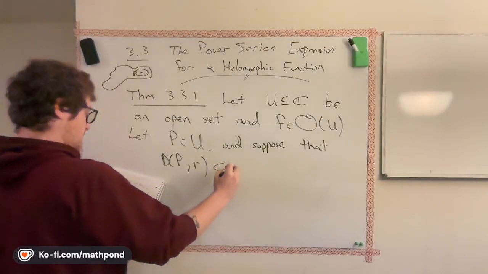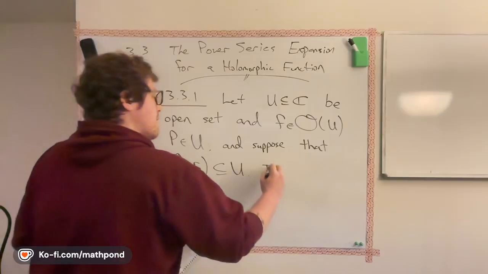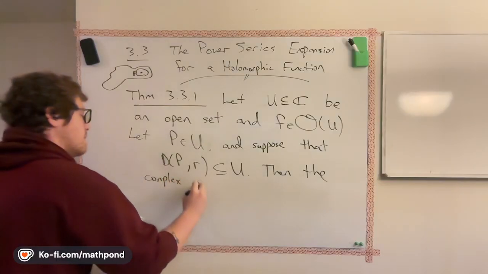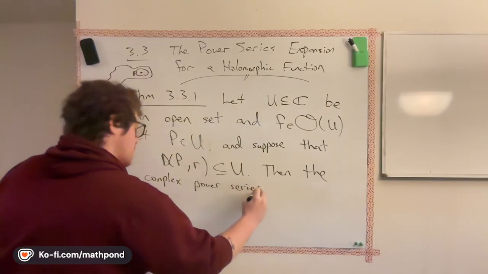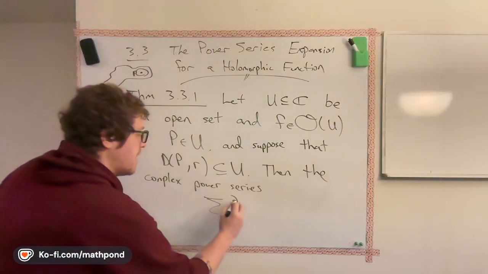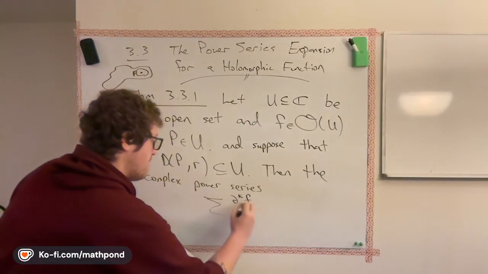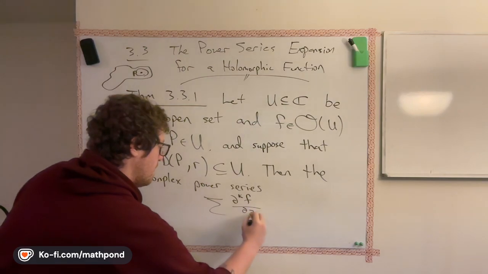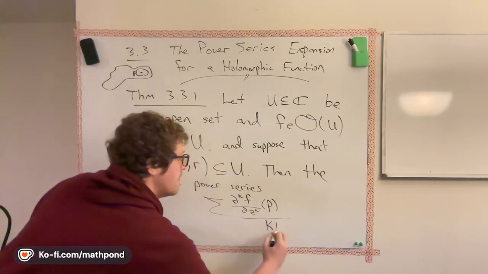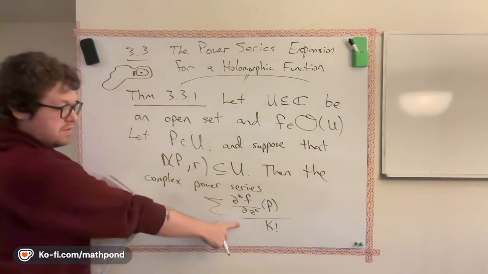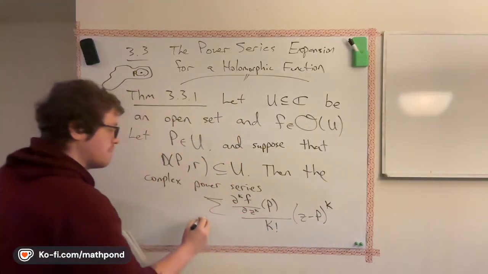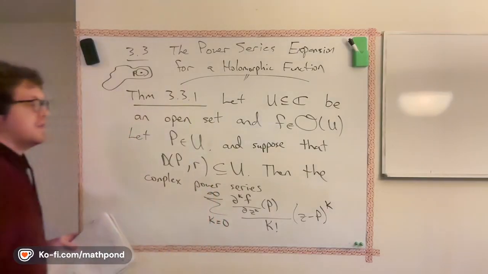And let's say that this whole disk is contained in U. Then the complex power series, which is basically just the Taylor series around this point: the kth derivative of F at P divided by k factorial, that's your Taylor coefficient, times z minus P to the k, where k goes from 0 to infinity in the sum.